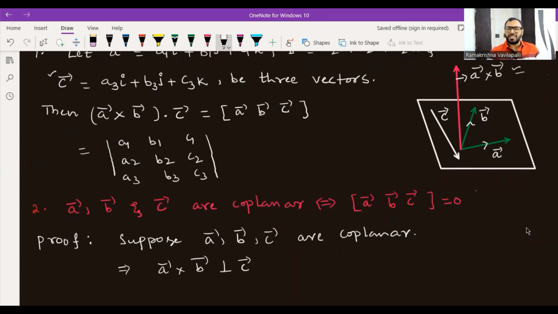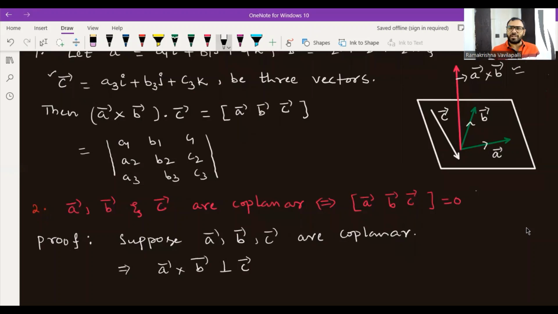It is very simple. A vector perpendicular to A bar and B bar is A bar cross B bar. Now A bar, B bar, C bar all lie on the same plane, which you can consider as one of the walls in your room. You draw three vectors on a wall. A vector perpendicular to A bar and B bar is A bar cross B bar.